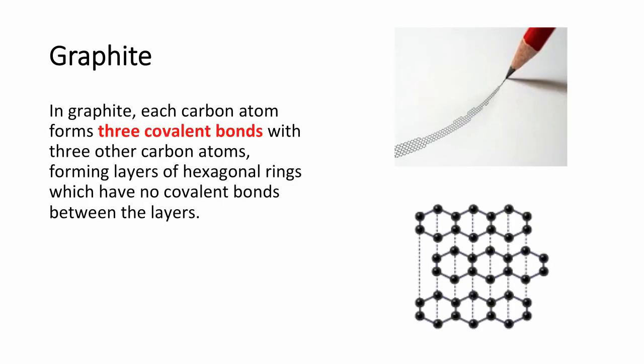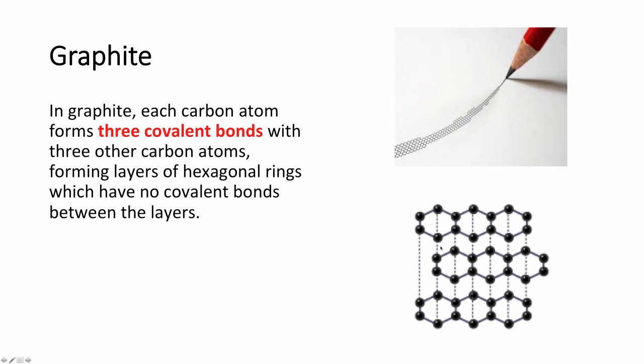However, in graphite, each carbon atom is joined to 1, 2 and 3 other carbon atoms by strong covalent bonds. Now this means that it also has a very high melting point, very high boiling point, and can be very strong because you need to break these bonds within the layers.